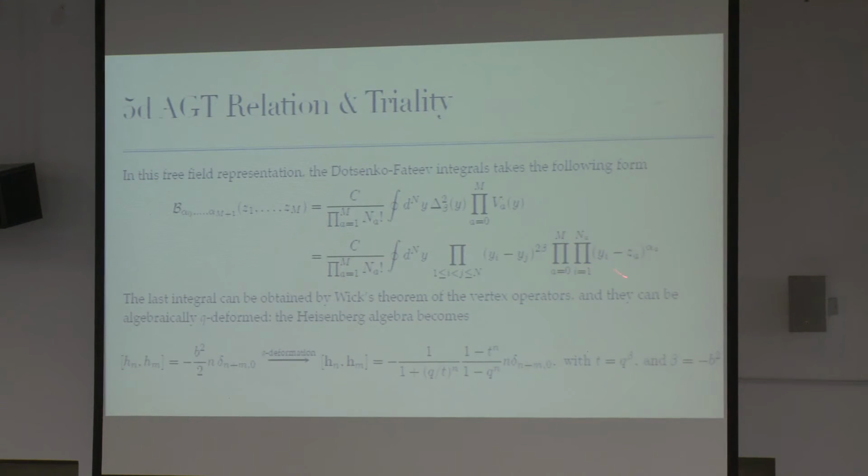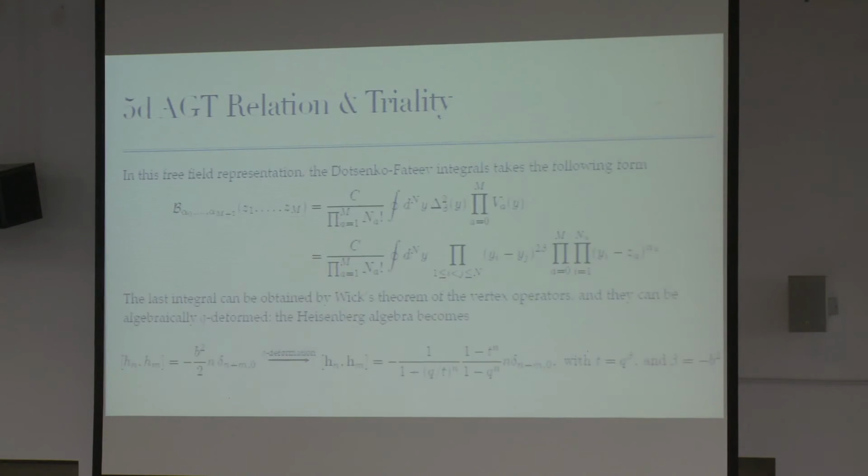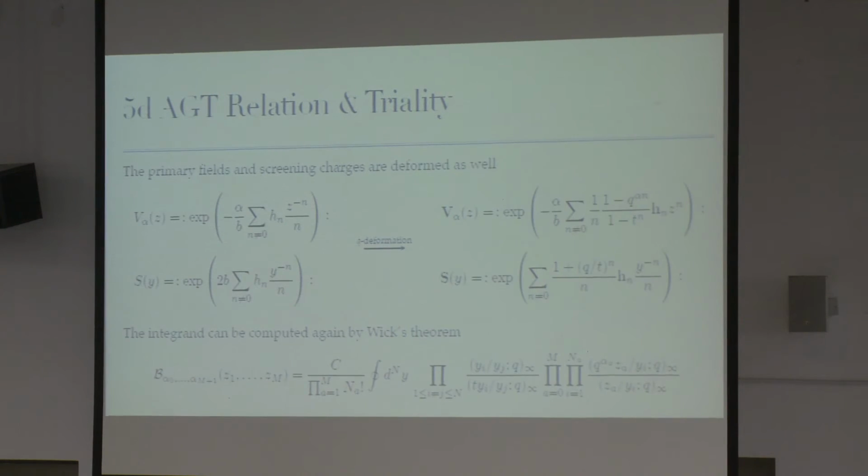Moreover, it's not enough to deform only the Heisenberg algebra; you also need to deform the vertex operators and the screening charges. So if you deform all of them in this way, that gives you the q-deformed conformal blocks.